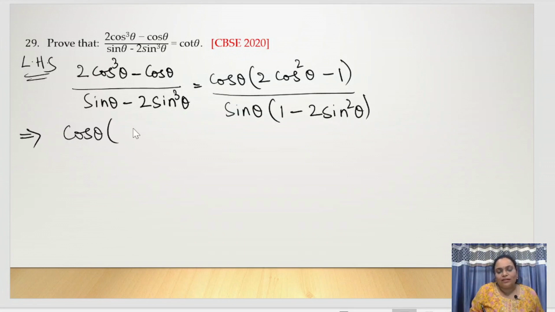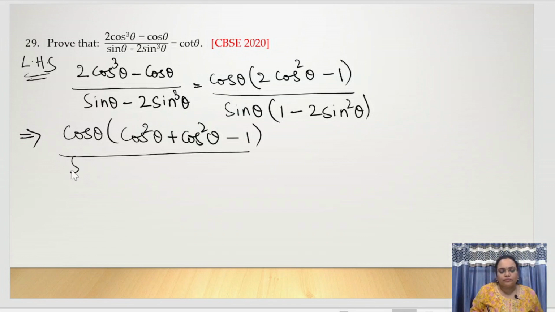Cos theta, 2 cos square theta. I am taking it as cos square theta plus cos square theta, which becomes 2 cos square theta. Okay. Minus 1 divided by sin theta, 1 minus, this is also the same. Minus 2 sin square theta is minus sin square theta and minus sin square theta.